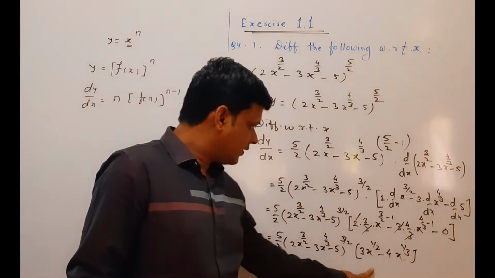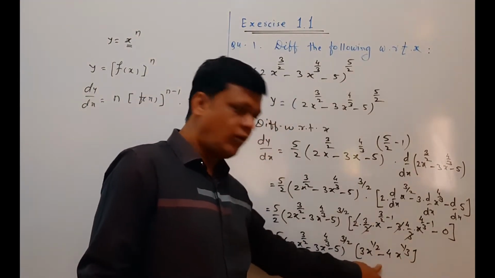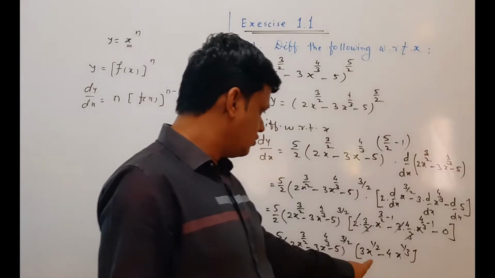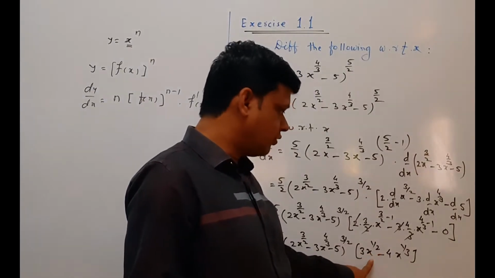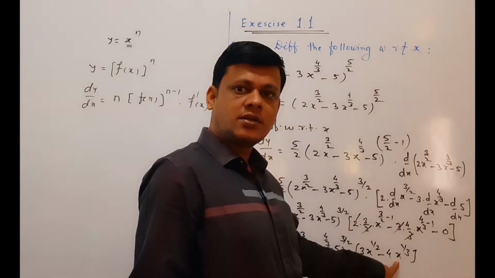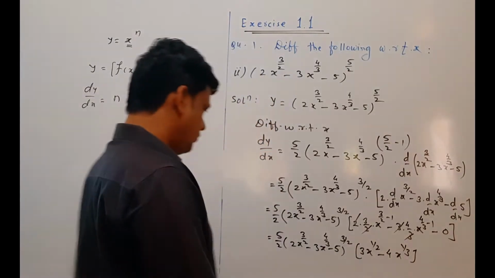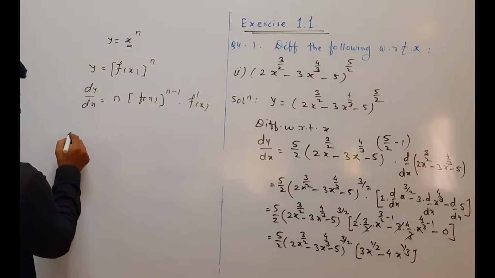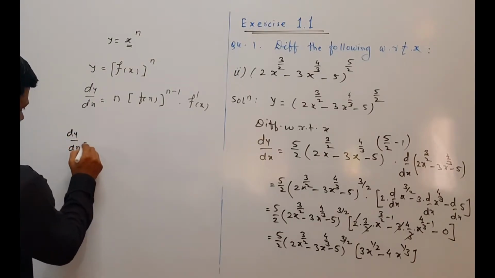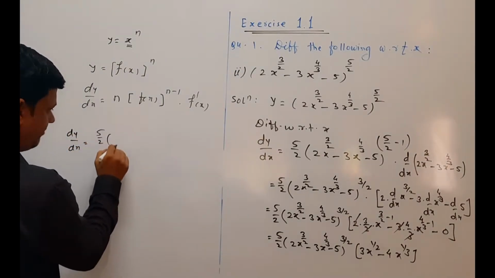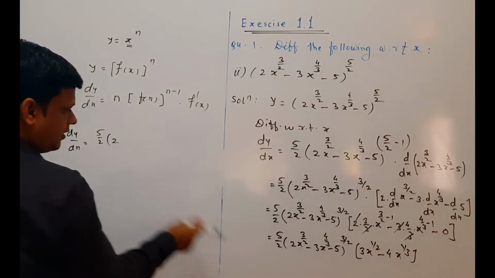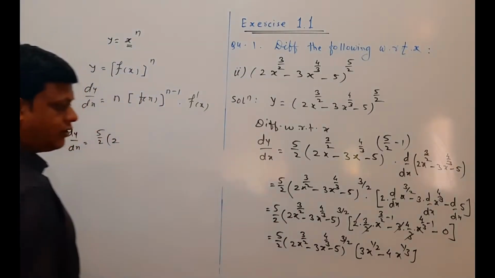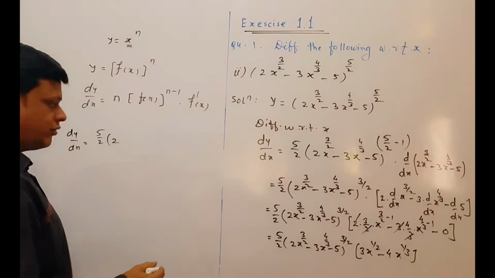So if you write this in the form of root, so you can write this x as square root of x, this x as cube root of x. So we write this as dy by dx is equals to 5 by 2 in bracket 2. This x raised to the power 3 by 2 can also be written as x root x.